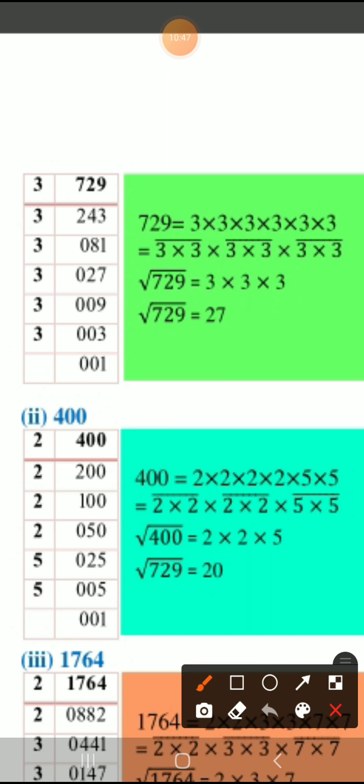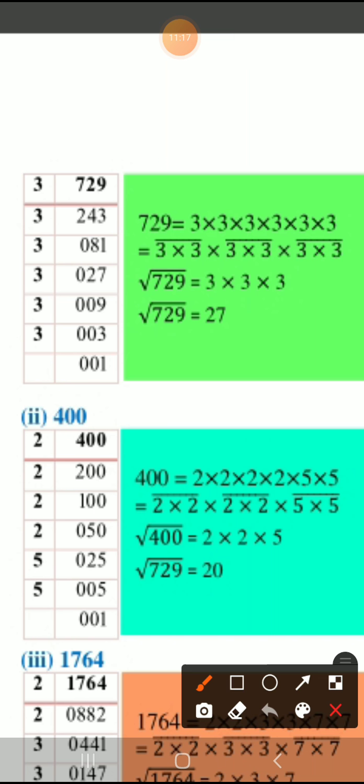We can do it by 3 pairs. You can see 1, 2, 3, 4, 5, 6, 3 pairs, and from each pair we take only one number. When you take the square root of 729, we take only one 3 outside from each pair, so it becomes 3 into 3 into 3. So the square root of 729, we can write the final answer as 27, because 3 3s are 9, 9 3s are 27. Got it? Got it, children?